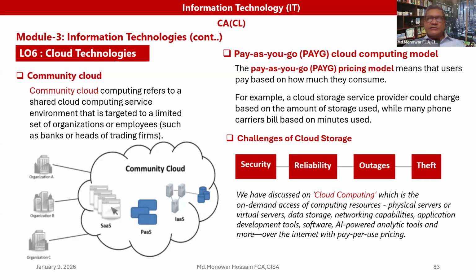How much data we use, we have to pay based on our use. A cloud storage server provides different storage, and how much we use, we have to pay. That type of model is the pay-as-you-go pricing model.